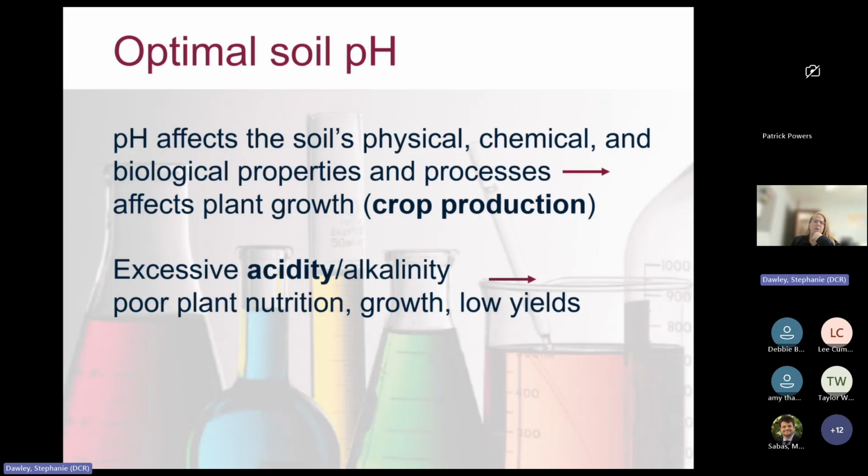Azaleas and blueberries really like low pHs, more towards the high 4 scale. But generally, you're not doing large scale decreases of pH unless you're growing blueberries for production. But for the main part, you want to aim for a 6.2 in your pH for most of Virginia's agronomic crops.